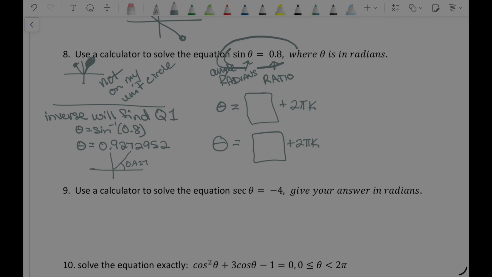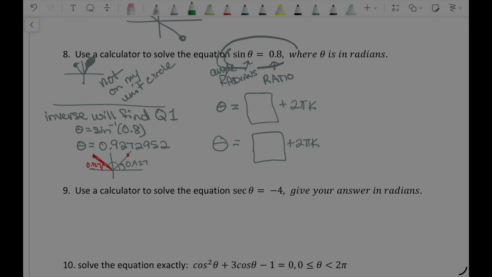This one over here, there's symmetry, right? To get that same y value, we gotta have symmetry. So if this is 0.927, then this inside one is 0.927. The issue is I don't want that inside one. I want the one that's gonna get me over there.